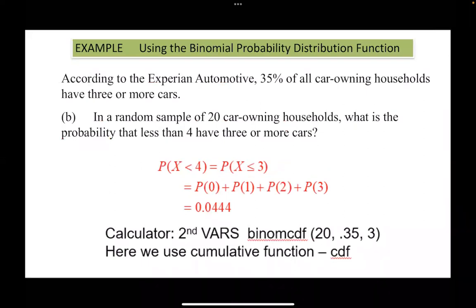We're going to talk about the cumulative function. The cumulative function, binomCDF, is for when we are doing less than or equal to.